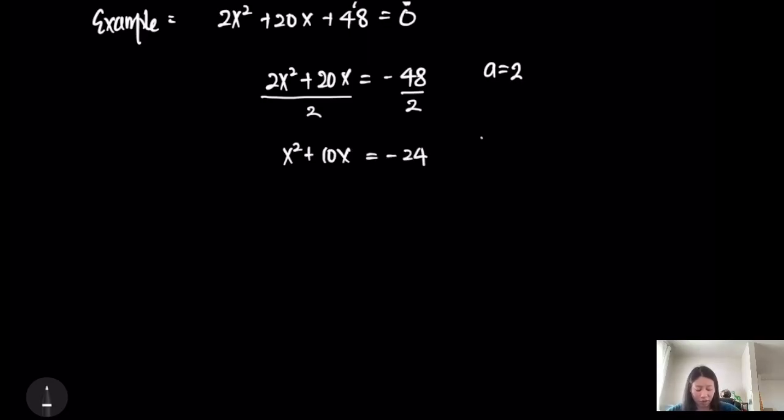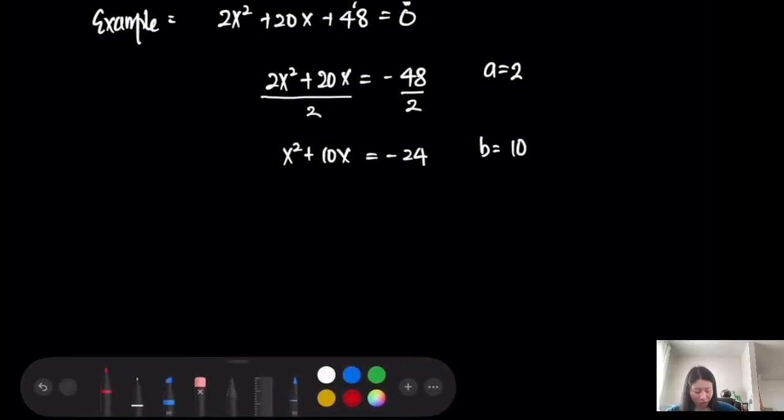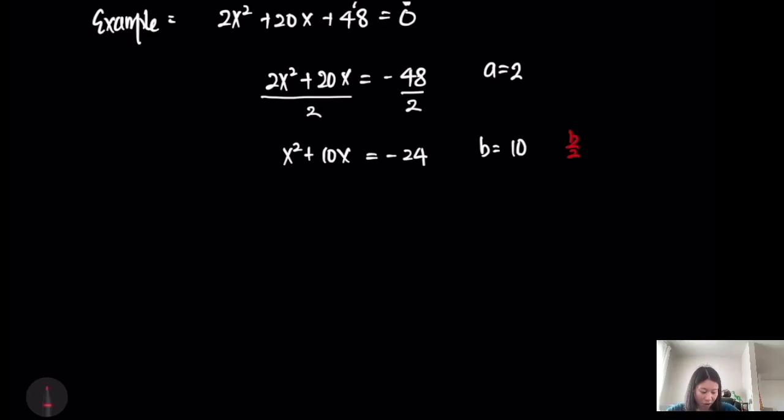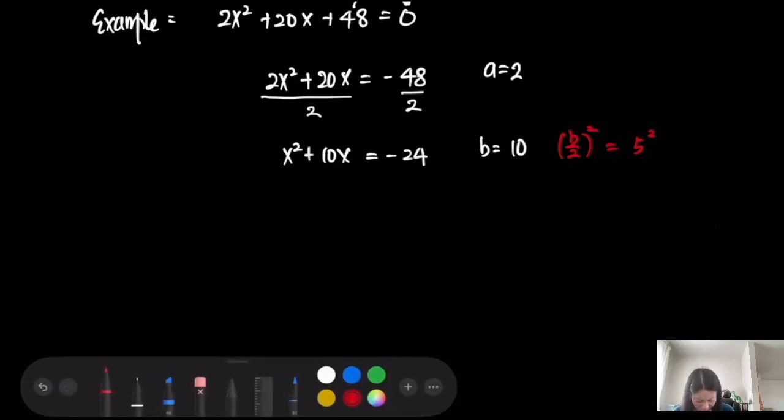Now, we have b. b is equal to 10. So that means we want to add half b squared on both sides, which is 5 squared, because our b is equal to 10.